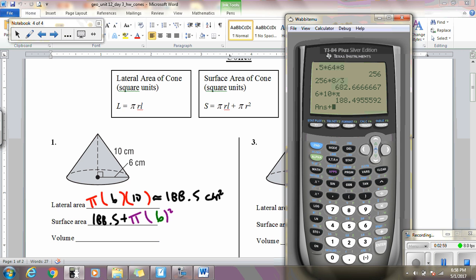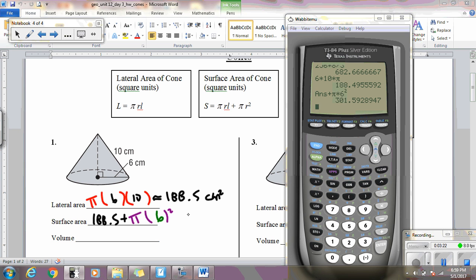So pi times 6 squared. And you get approximately 301.6 centimeters squared.